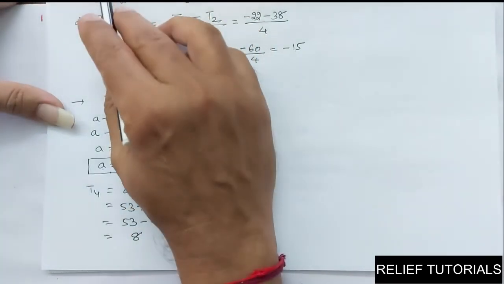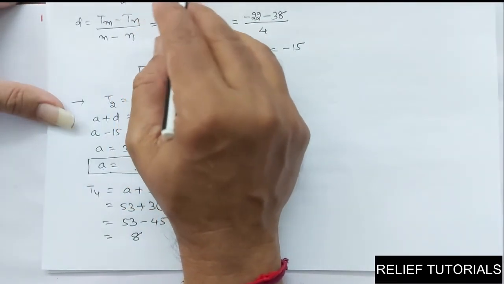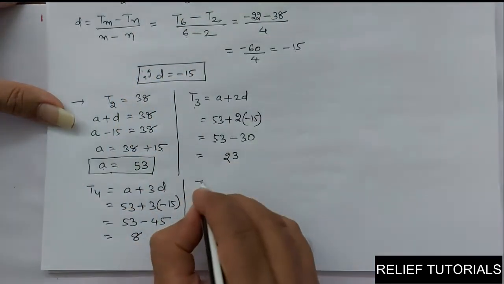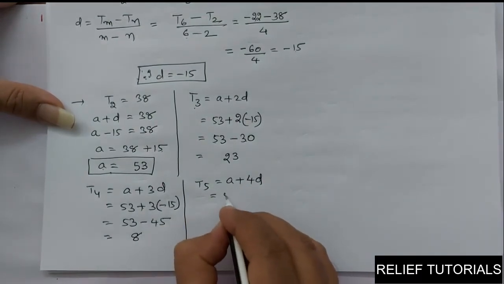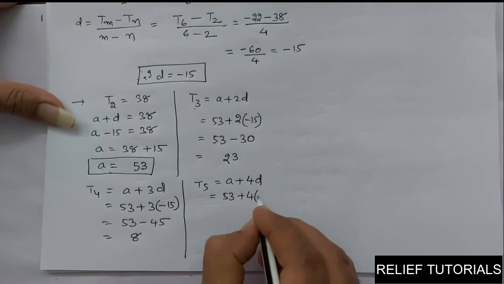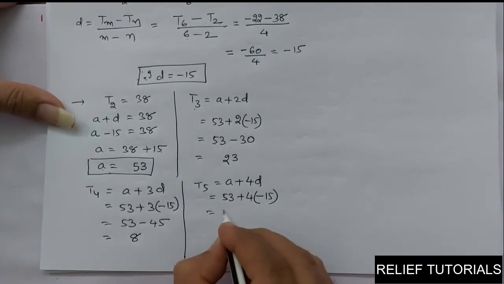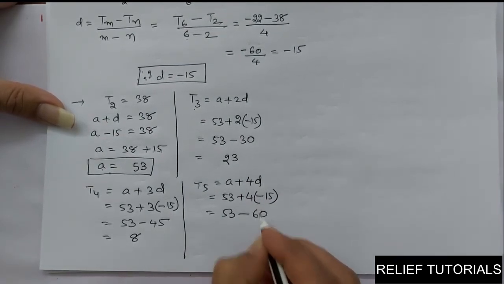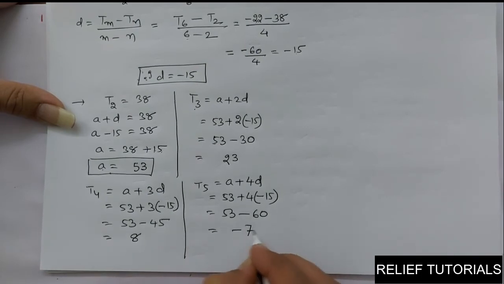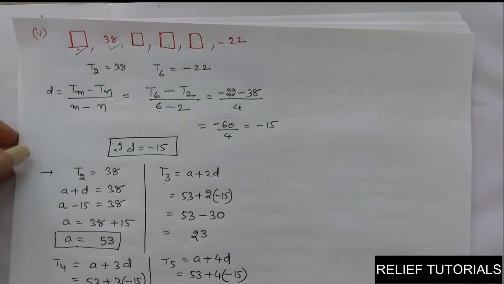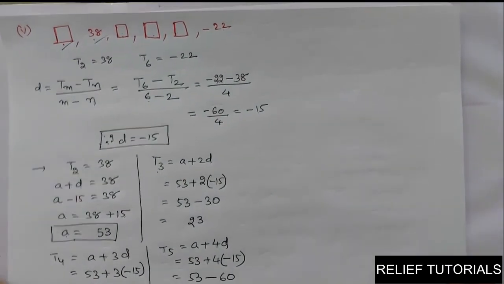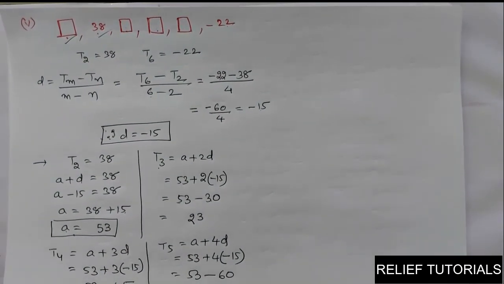Now T5. T5 is equal to A plus 4D, that is 53 plus 4 into minus 15. So that is 53 minus 60, so you will get minus 7. In this way we have found each and every term. Clear? So with this I have completed your question number 3.